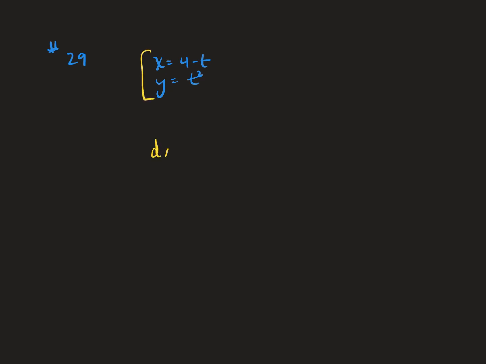Do you recall which of these will indicate a vertical tangent line and which will indicate a horizontal tangent line? For dx/dt, x is not changing at all.